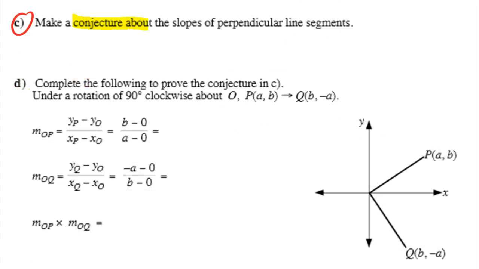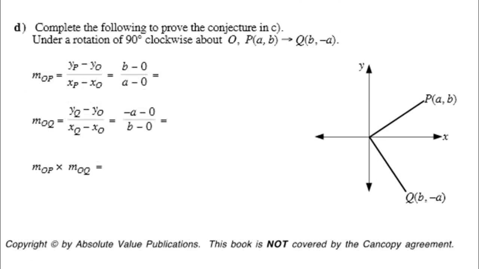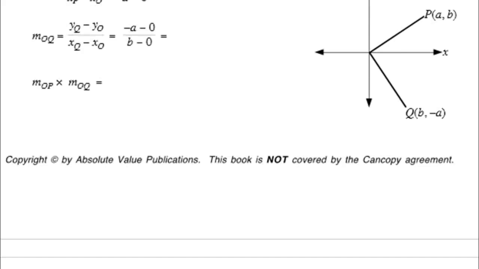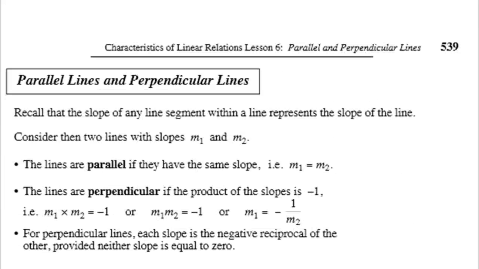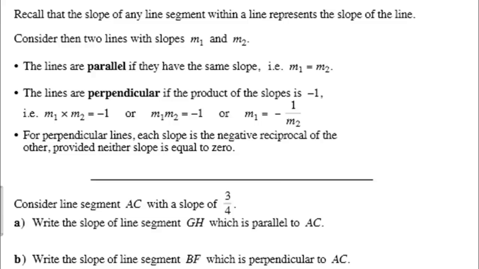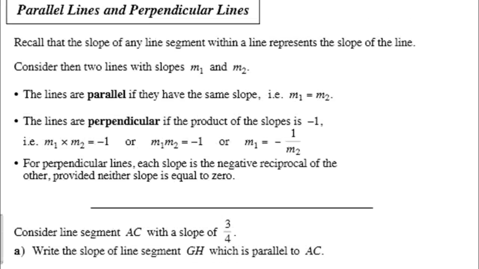So the slopes of perpendicular lines multiply to negative 1. Okay, and that is written here as the conclusion for perpendicular lines. So the product of the slopes is negative 1.